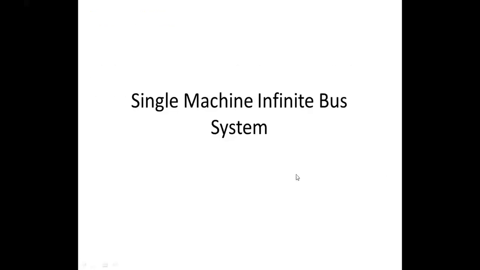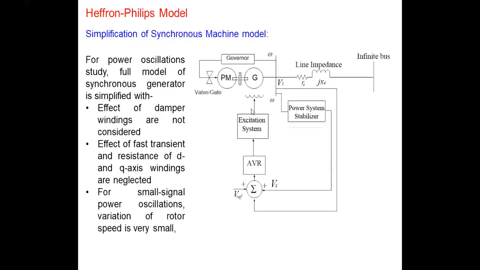So next we move on to the analysis of power oscillations with models, and the simplest model that we use for this analysis is the single machine finite bus system. Here we have a generator with the prime mover, and this is the generator terminal bus, which is connected through a line to a large network.